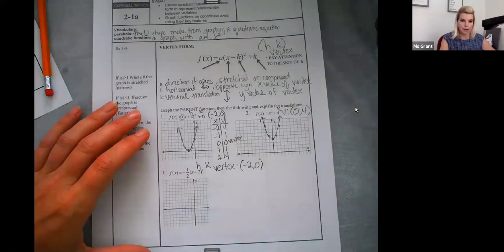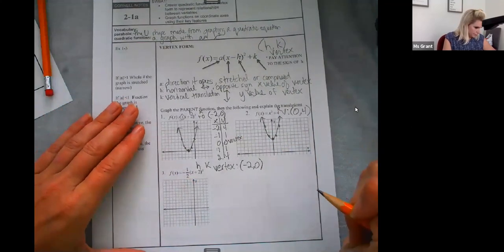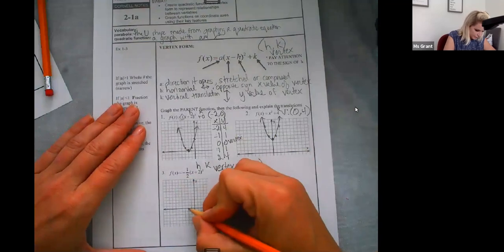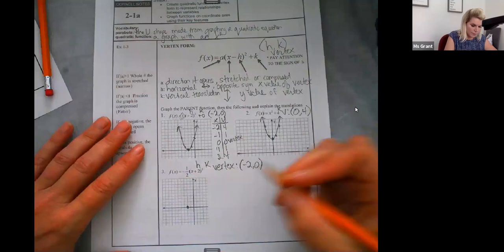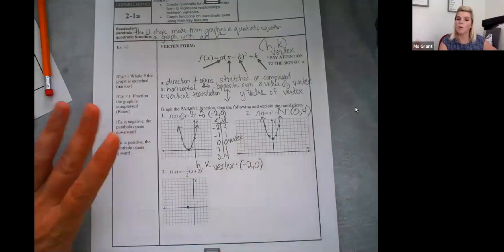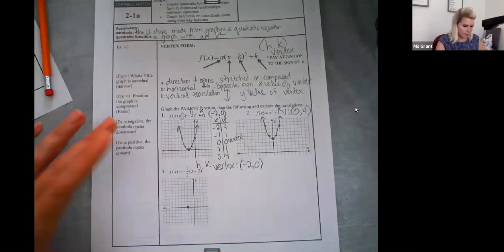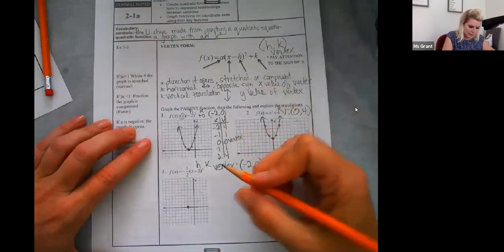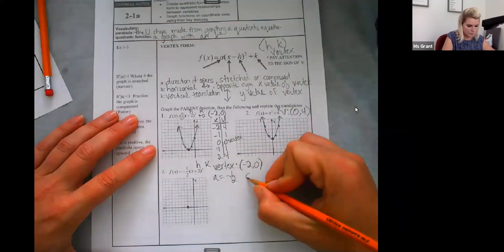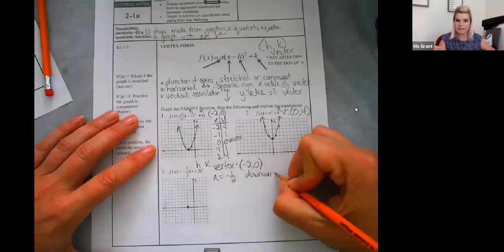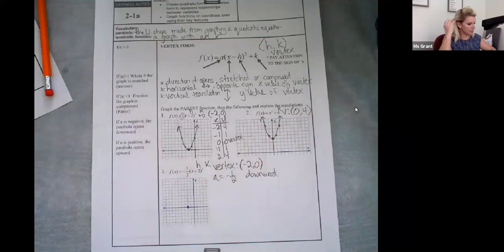I had one like that already, where the vertex was -2, 0. All right, I'm going to write it a different way. I want you to be able to see both ways. I've already given you a table of values, but now since a equals -1/2, I know it's going to be downward because it's a negative, right? Then watch this.